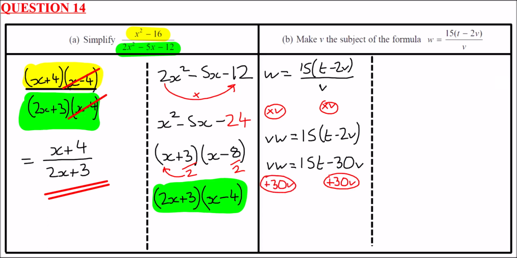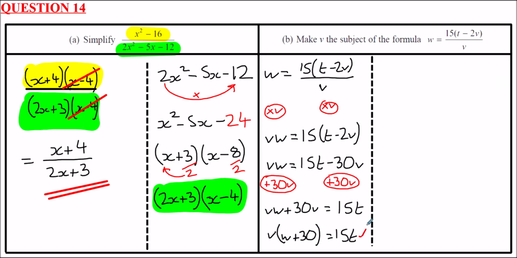So if I add 30v onto the left, I'll now get vw plus that 30v equals 15t. I can now factorise out a v from this side. So then I'll get v brackets w plus 30 equals 15t.